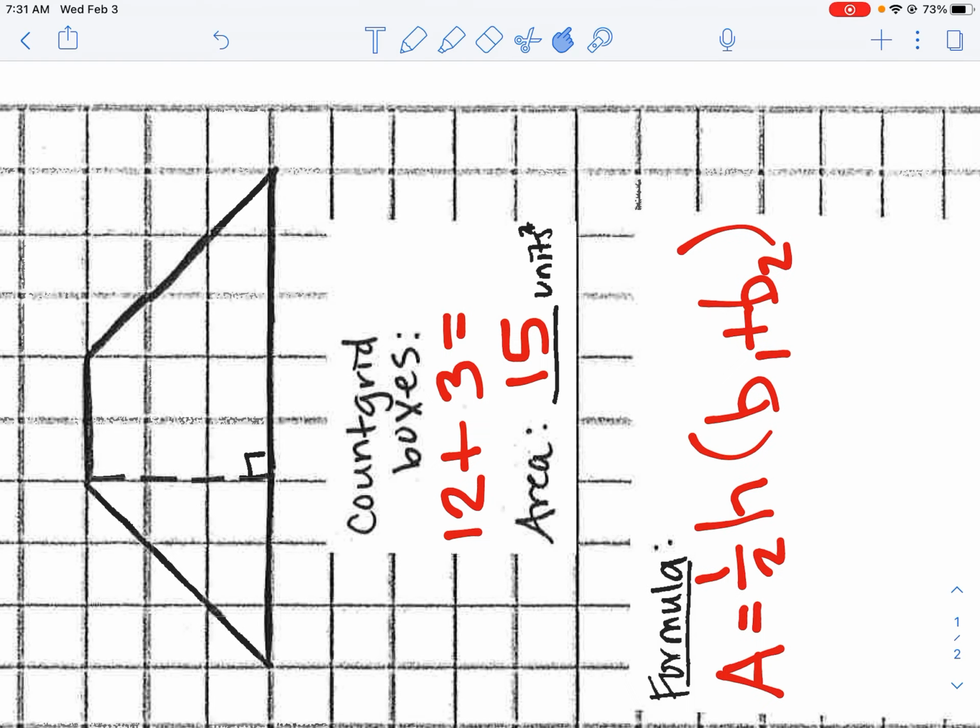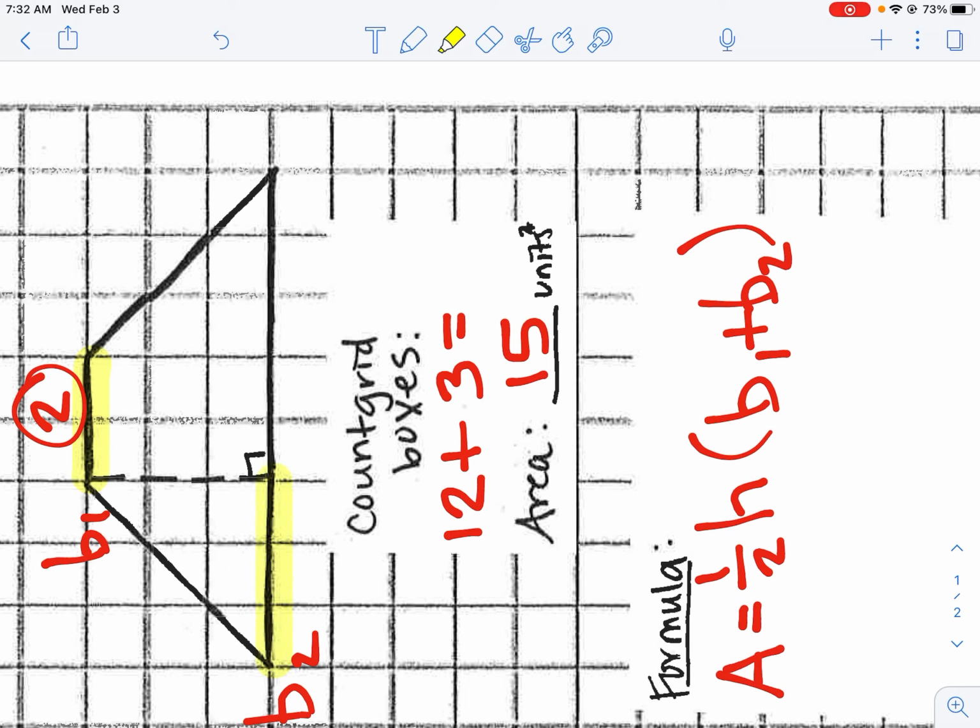So we need to go back up here and get our numbers. All right, so if I look at base 1, so again, this one up here is base 1. So that I can see is 2 units. Remember, base 2 is parallel to base 1.